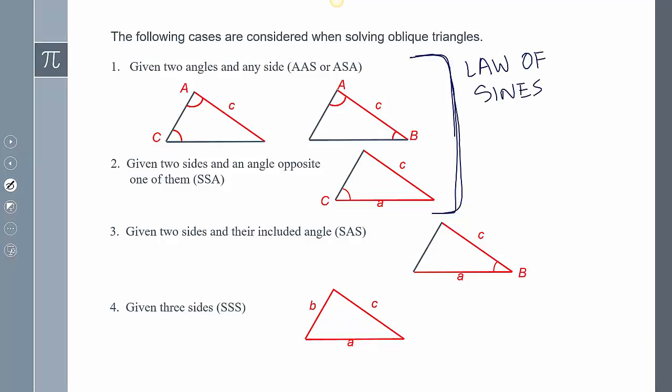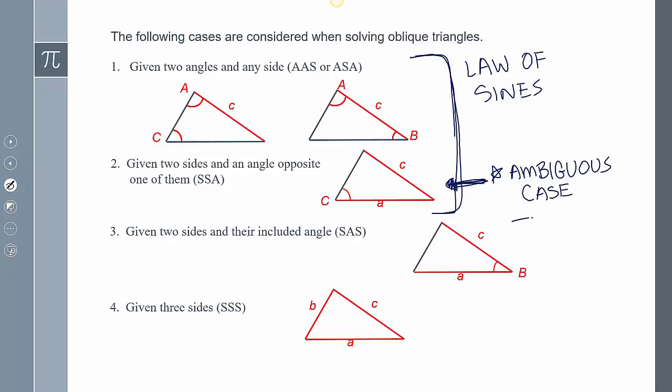And if I use the law of sines, I would be able to find and solve the triangle, and so I can find all the missing pieces. Now this one right here, we're going to talk about more tomorrow. This is the ambiguous case. Like I said, we're going to talk about that a little bit more tomorrow.